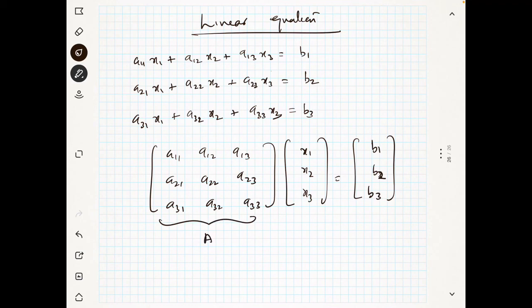There are some properties we have to see. The first property that we are going to see is that if the determinant of A is equal to 0, it means that the equations have infinite number of solutions, or it has no solution.